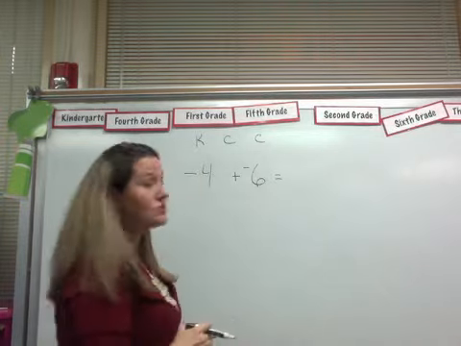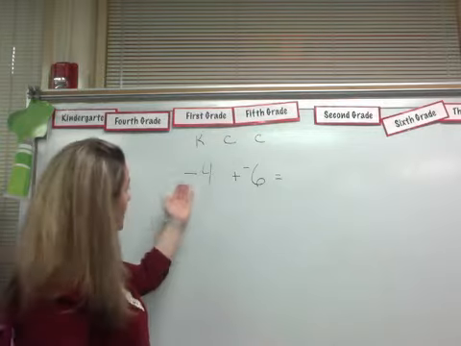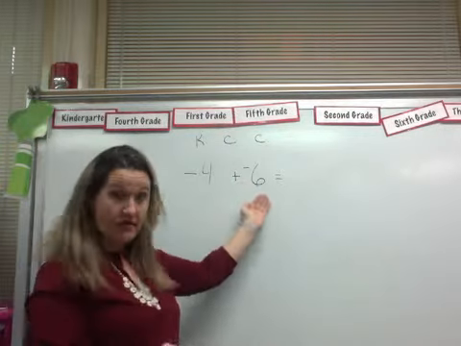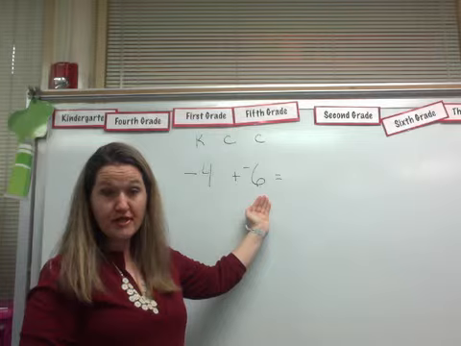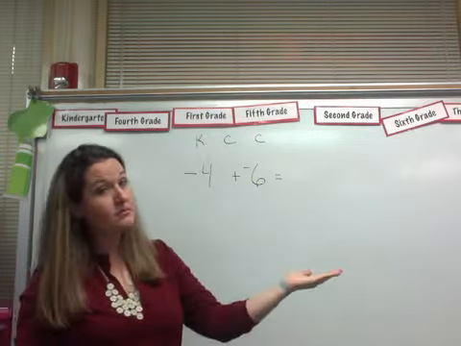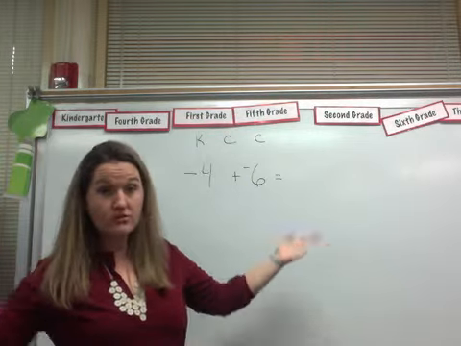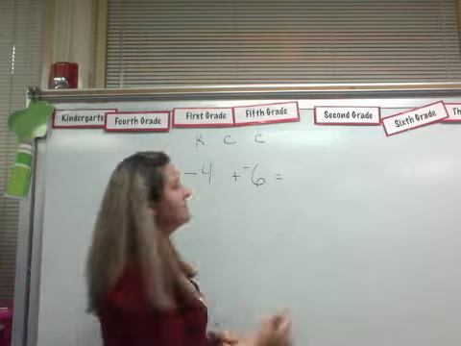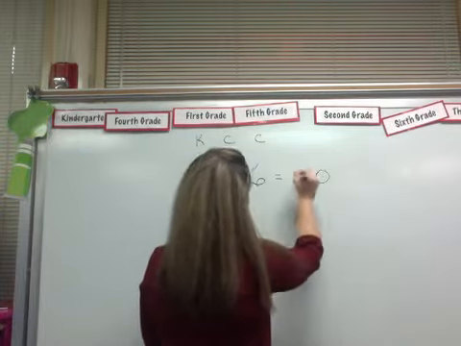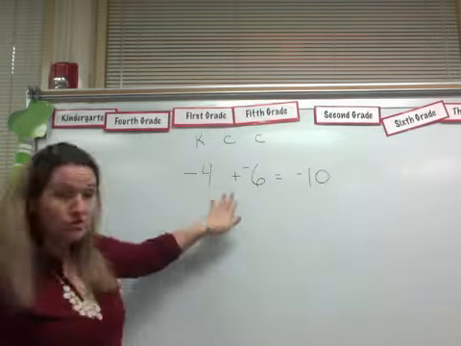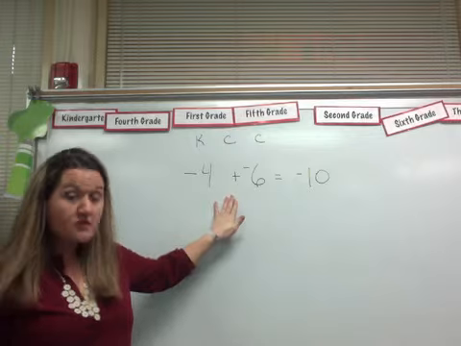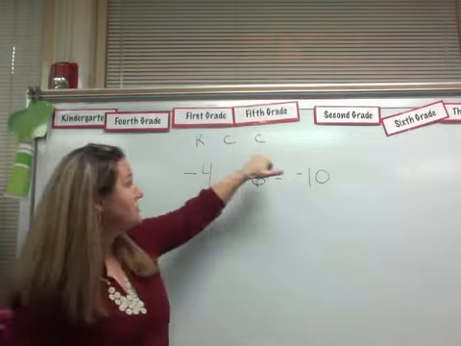So now my problem becomes negative 4 plus negative 6. You learned in the next section, I'm adding two negative numbers. They're both negative, so I just add them like normal. 4 plus 6 is 10, and my answer has to be negative.